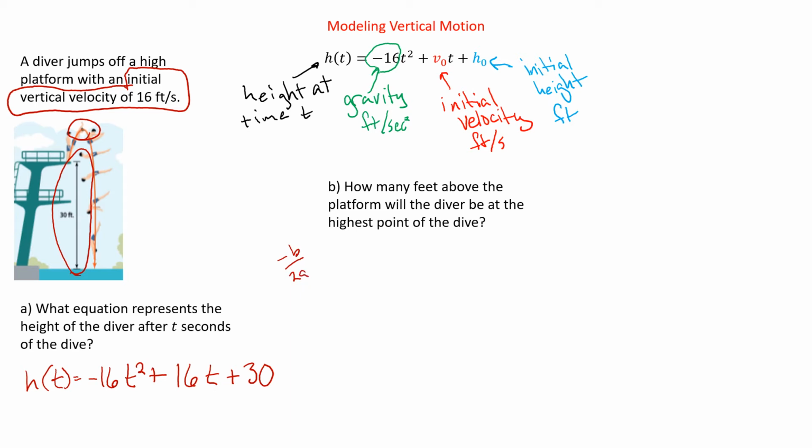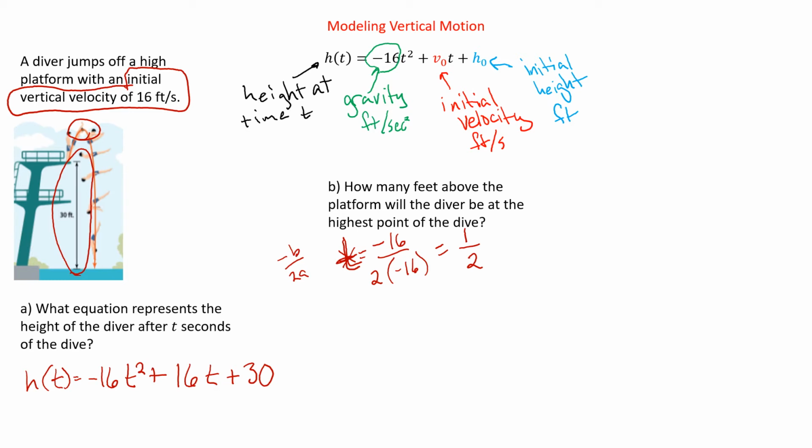So we have to plug that in. That's the x value of the vertex. It will be at negative 16 over 2 times a, which is negative 16, which is 1/2. So x, or I guess in this case it would be t, because t is the variable we're using, equals 1/2.